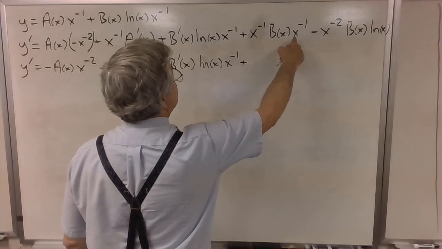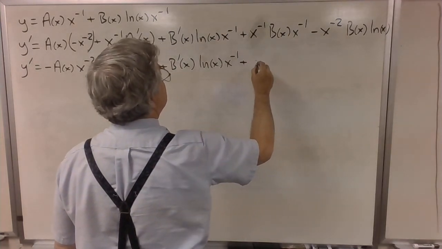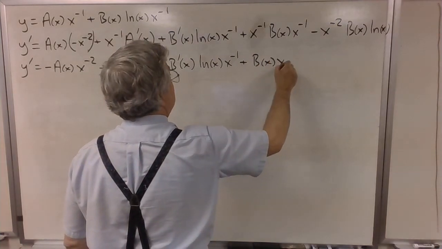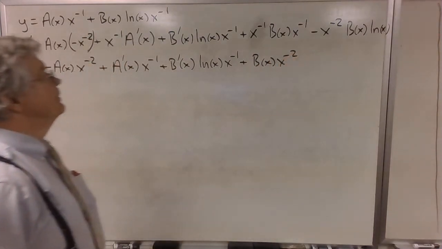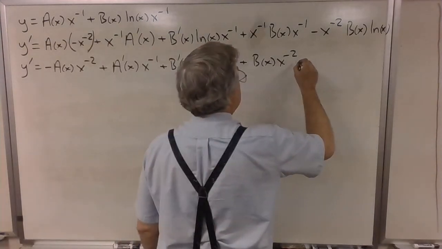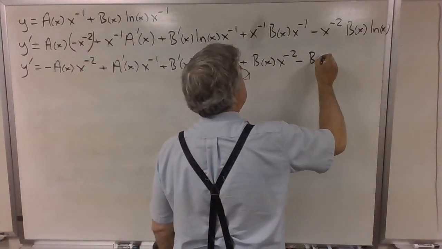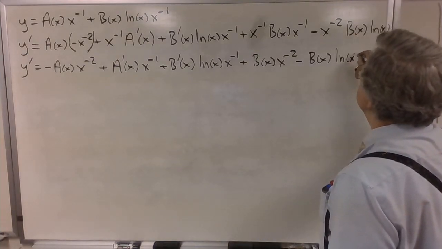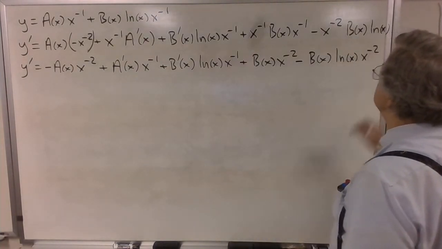And x to the negative 1 times x to the negative 1 is x to the negative 2. Minus b of x, natural log of x, x to the negative 2.